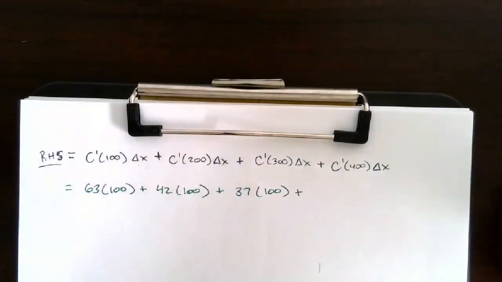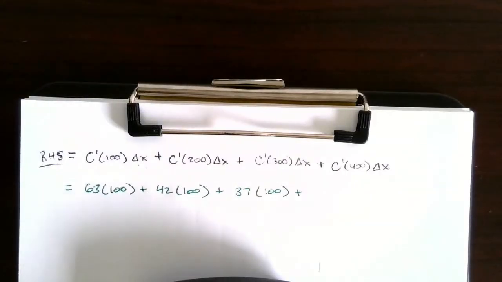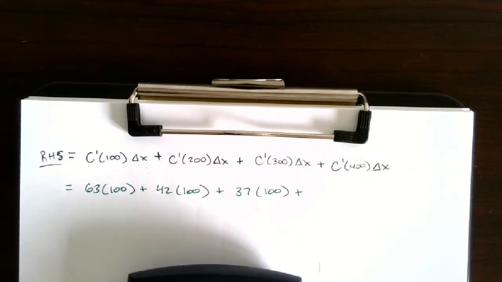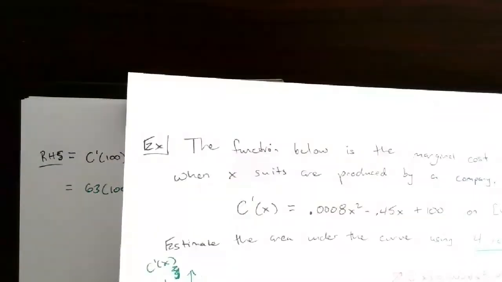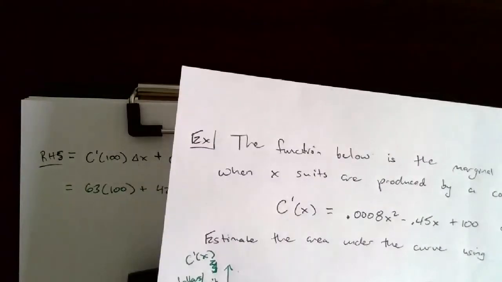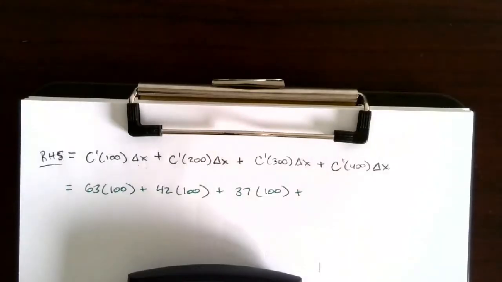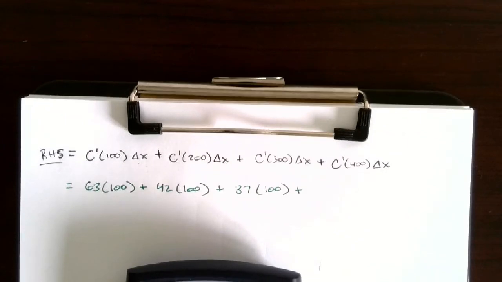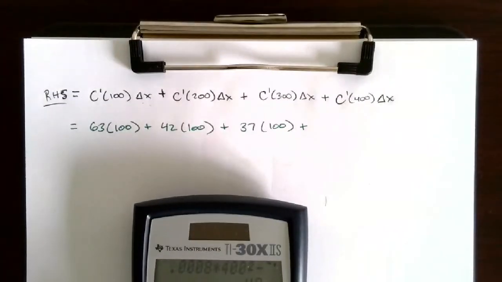Plus C prime of 400, we haven't done yet. If you want to, you can type that into your calculator. You could go back to the previous function and just sub in 400 instead of the 100, times 0.45 times 400. We're just replacing all the x's here with 400 in that original function. And we end up with 48.